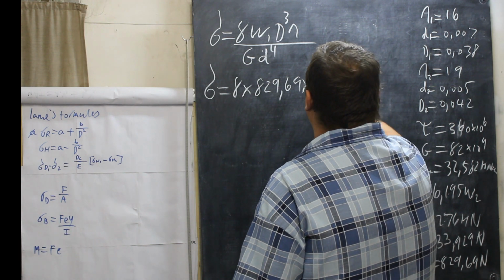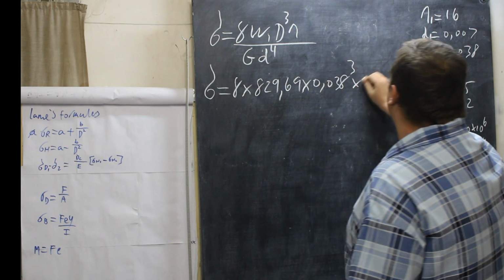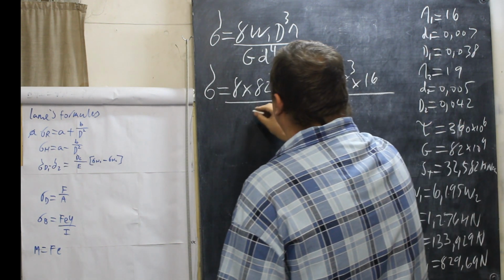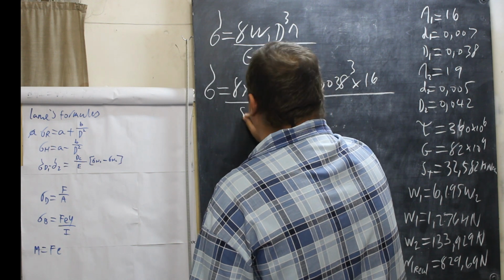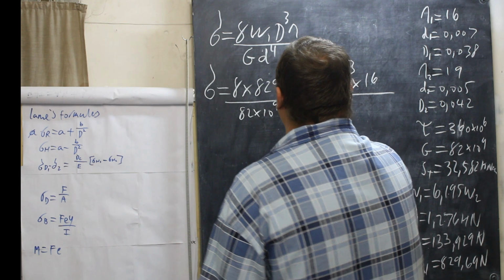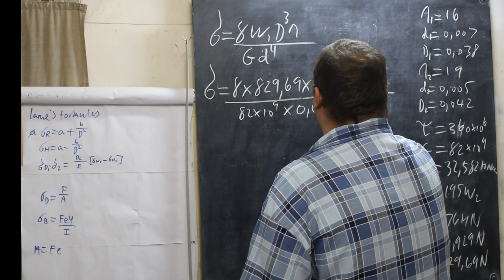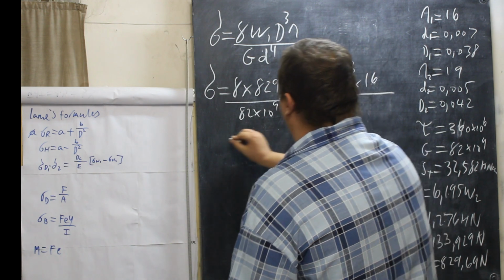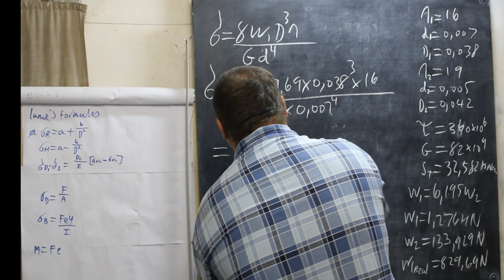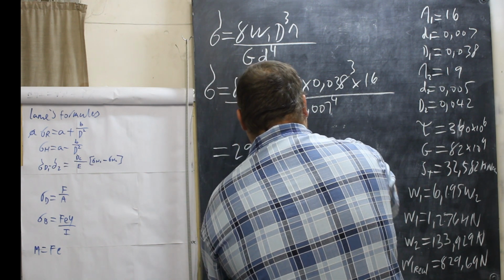So 0,038 to the power 3 times 16 all over G, which is 82 times 10 to the 9 times 0,007 to the power 4. And our deflection is 29,6 millimeters.